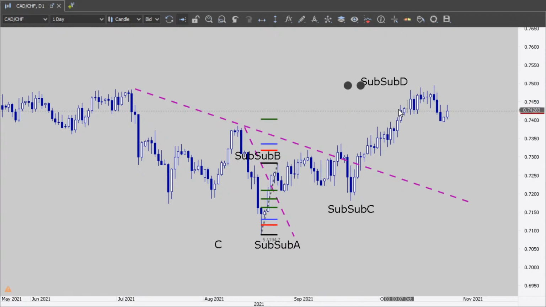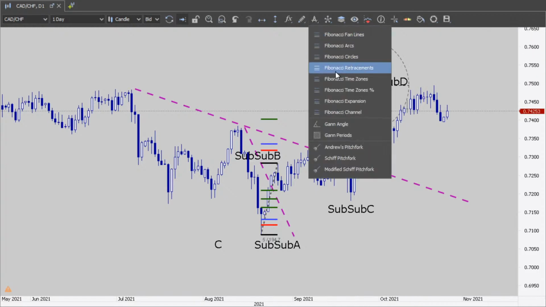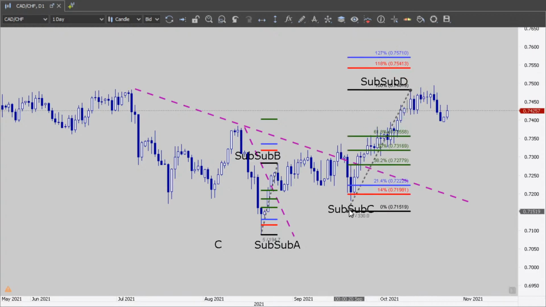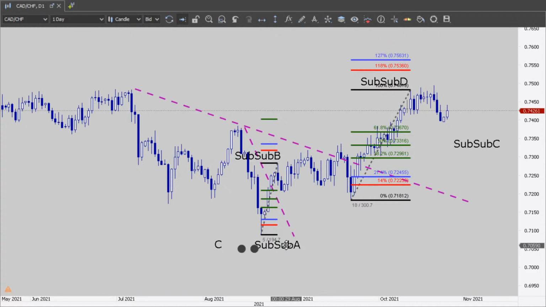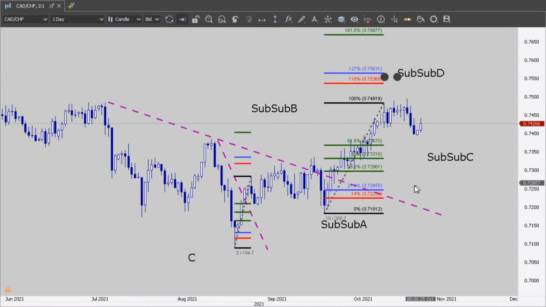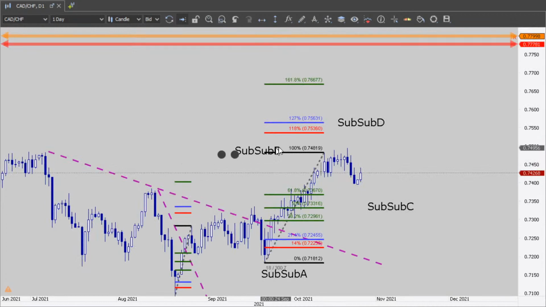Green goes to green, so we have the new one, Fibonacci retracement tool. So this is now the sub A, sub B, sub C, and sub D.